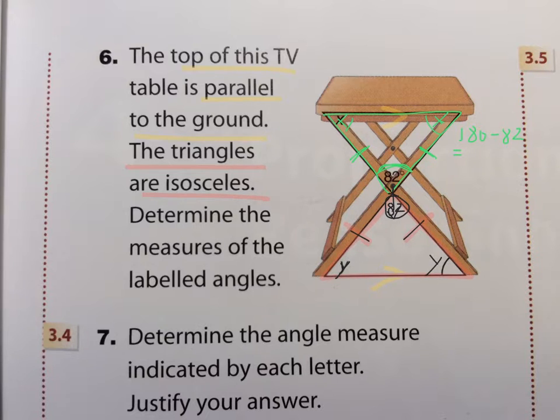Or another cool thing that I could use instead, I'm going to outline in blue, is if I were to trace out a Z pattern, I know, because these are parallel, that the things in the crooks of the Z are equal to each other. So once I find the x up here, the x and the y are actually equal to each other because of the Z pattern. So there are different ways to do that. One's not more right than the other. You just pick whatever one makes the most sense to you.